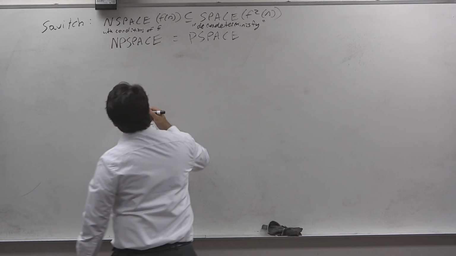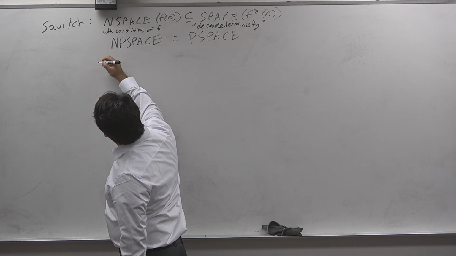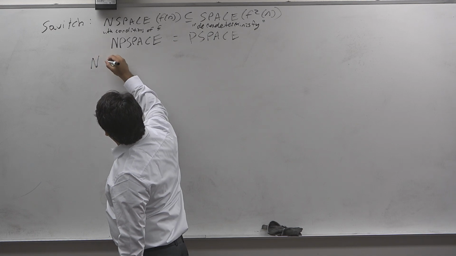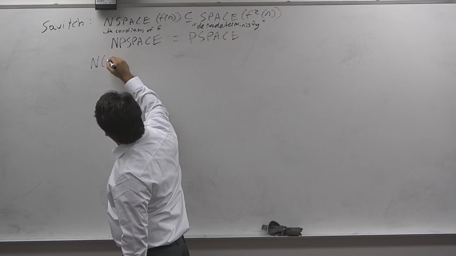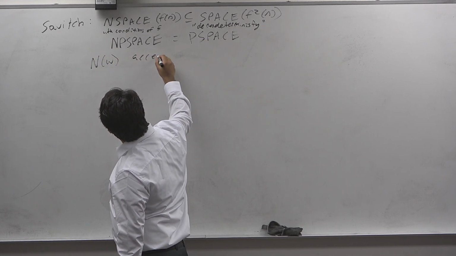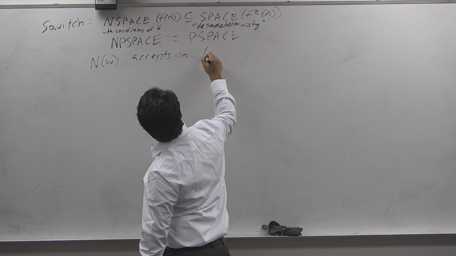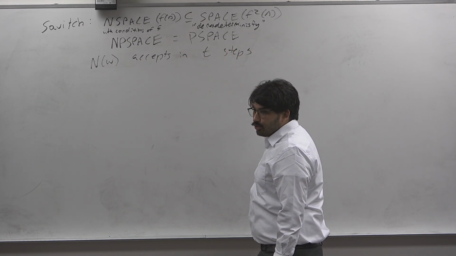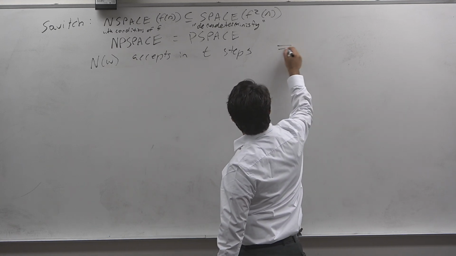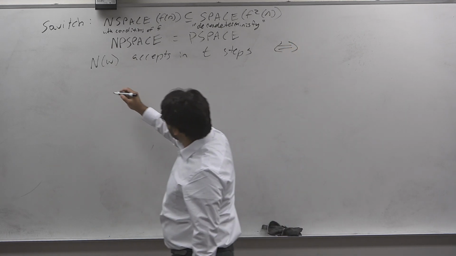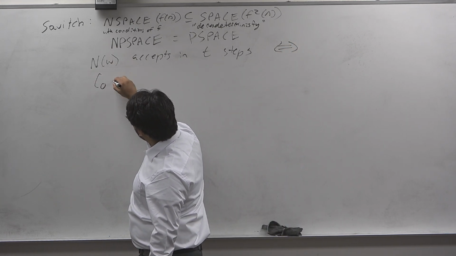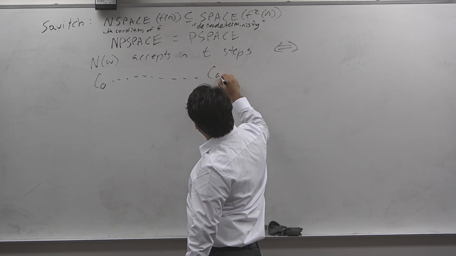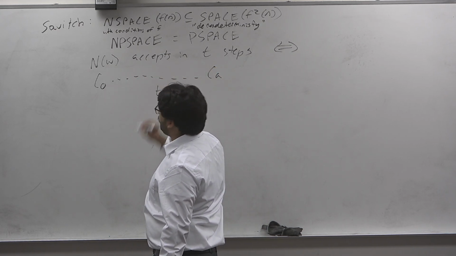So recall, let's suppose that the NTM N on w accepts in t steps, okay? This is true if and only if there exists a sequence of configurations from C0 to some accepting configuration C_A, and this takes t steps.